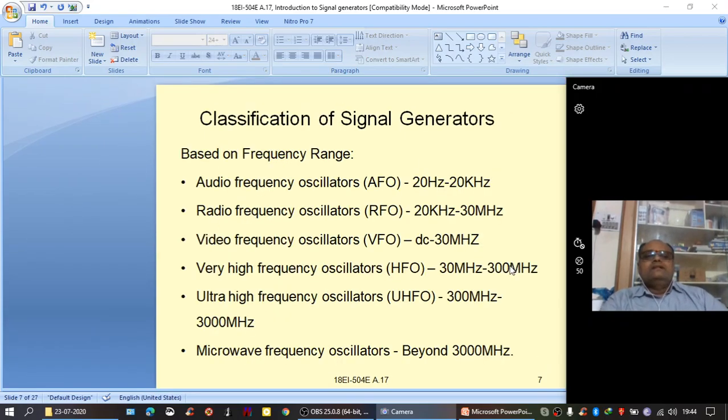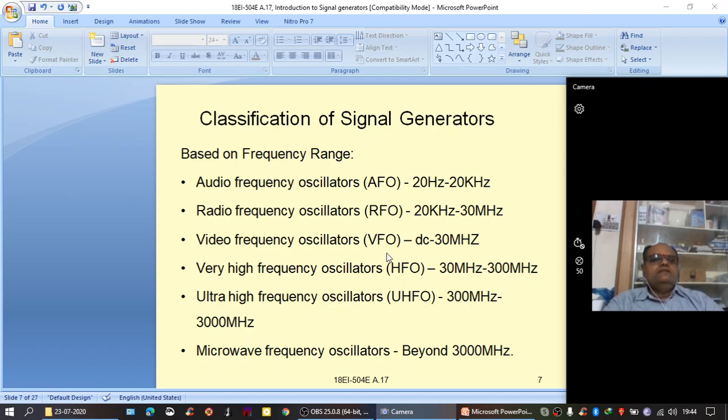Next, classification of signal generators. Based on the range of frequencies produced by the signal generator, signal generators can be classified as audio frequency oscillators, referred to as AFOs, and the range of frequency signals generated is from 20 Hz to 20 kilohertz.